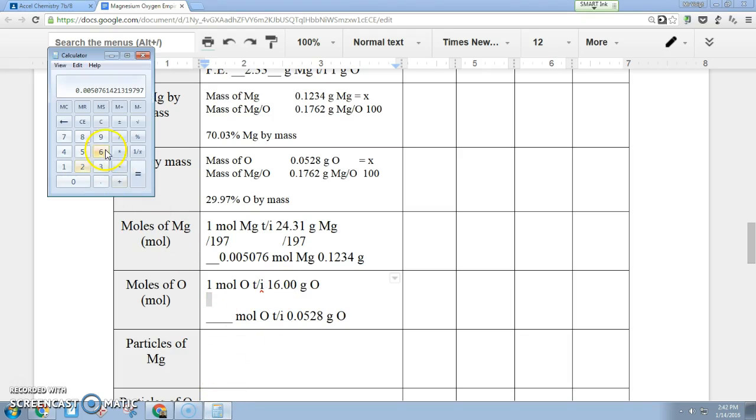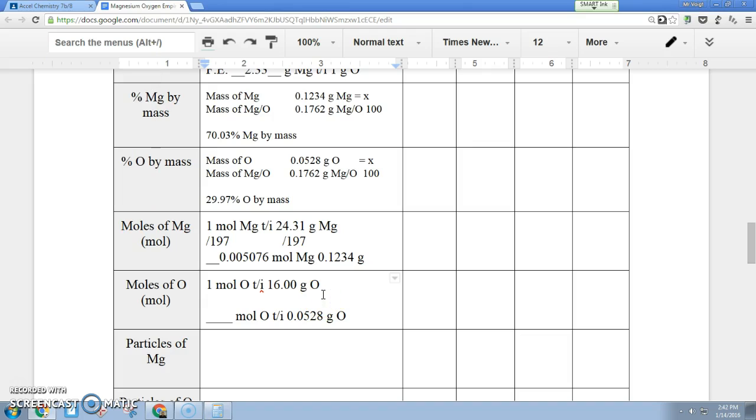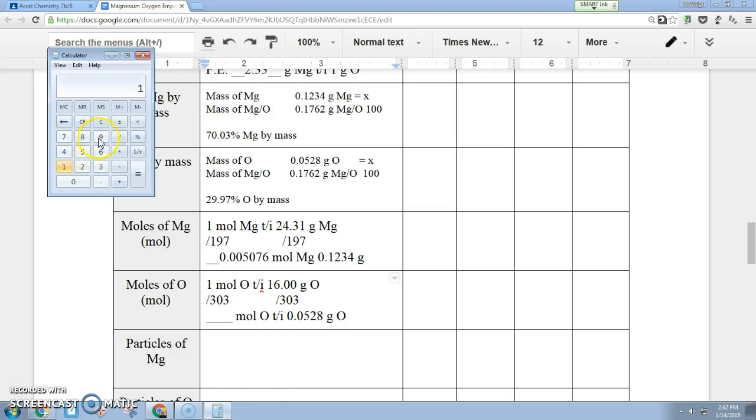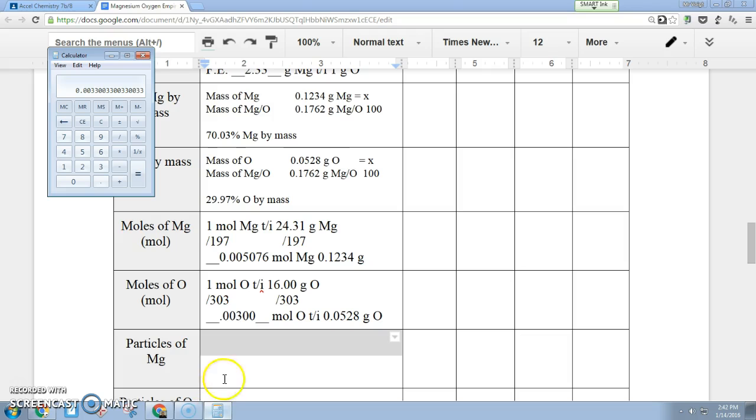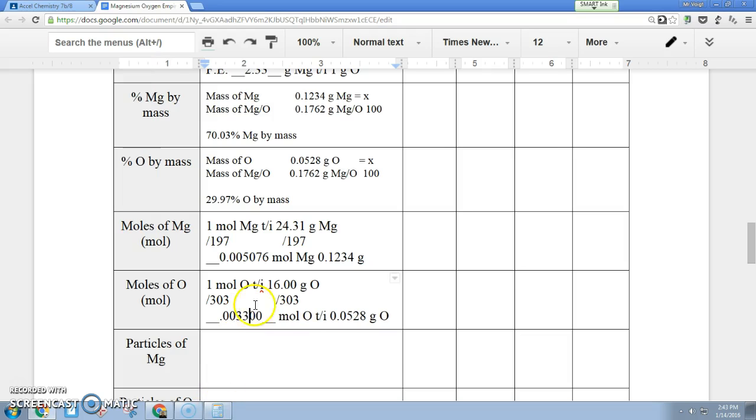So again, something big here. 16 divided by 0.0528 gets me 303. I'm going to divide both of these by 303. So if I do 1 divided by 303, I get 0.00300. That would be 0.003300. Sorry, 4 significant figures.